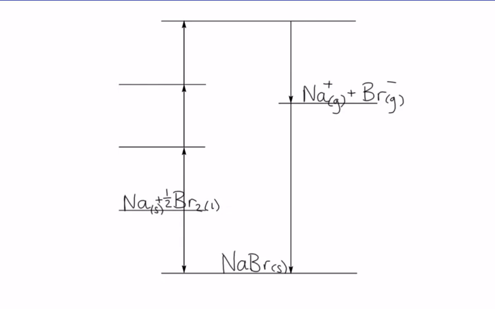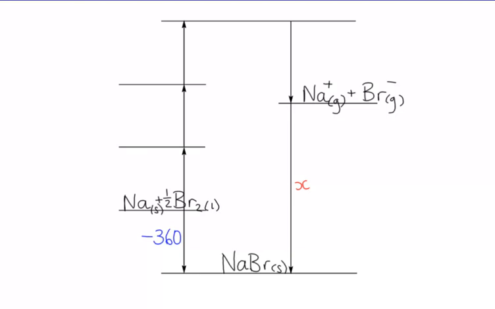If I look at my table, that's the very top line of the table, and that very top line has a value of minus 360, and that makes sense because that arrow is pointing down, so it's a minus number. And I'm going to look in that table and see if I can find somewhere where Na+ gas and Br- gas turn into, the arrow points towards, NaBr solid. And that's the very bottom line that we've labelled X. That's the thing we're going to try to calculate.